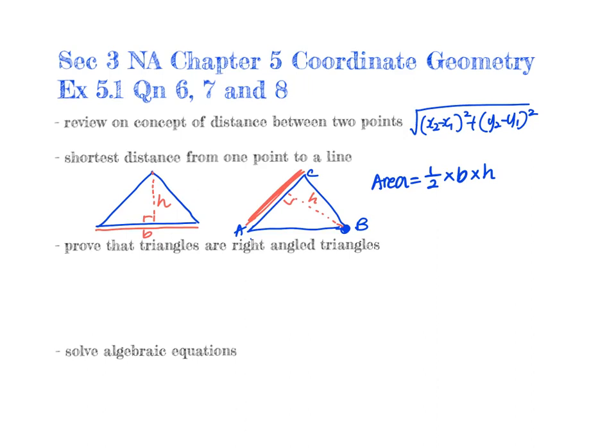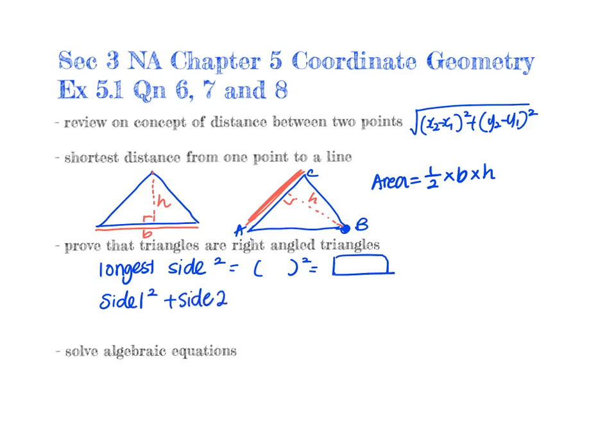Next one, to prove that triangles are right-angled triangles, we are going to use the Pythagoras theorem, but we do not start with a square equals to c square plus b square or anything like that. We will always start with the longest side square to be equal to one number. Then I'll take the other two, shorter sides: side 1 square plus side 2 square, to find that something square plus something square equals a particular number.